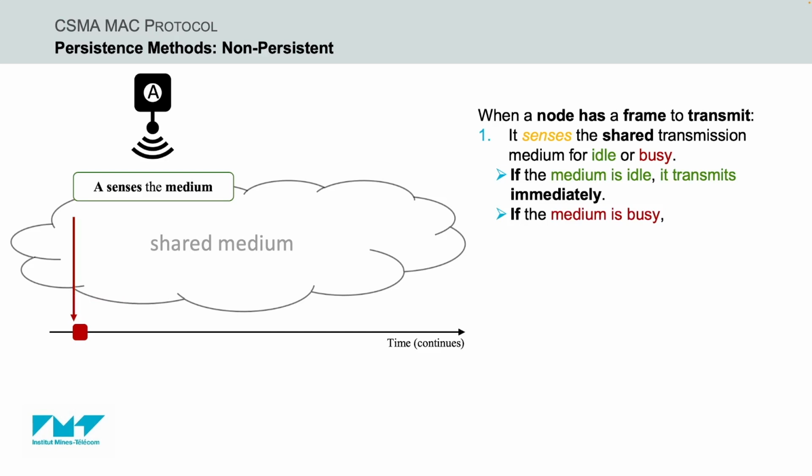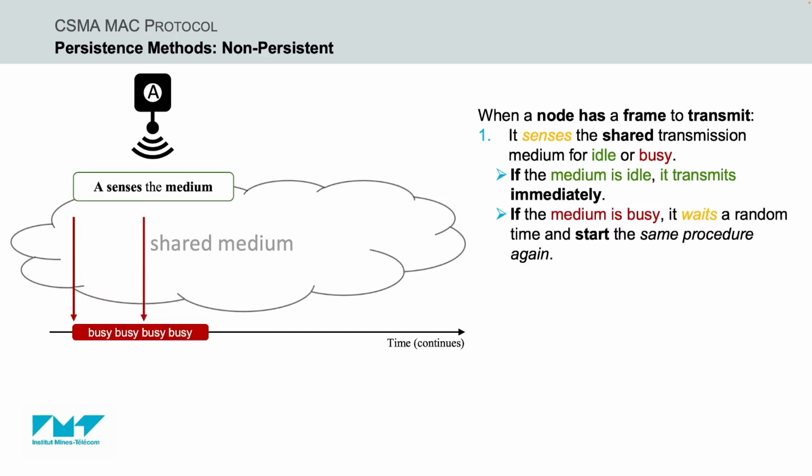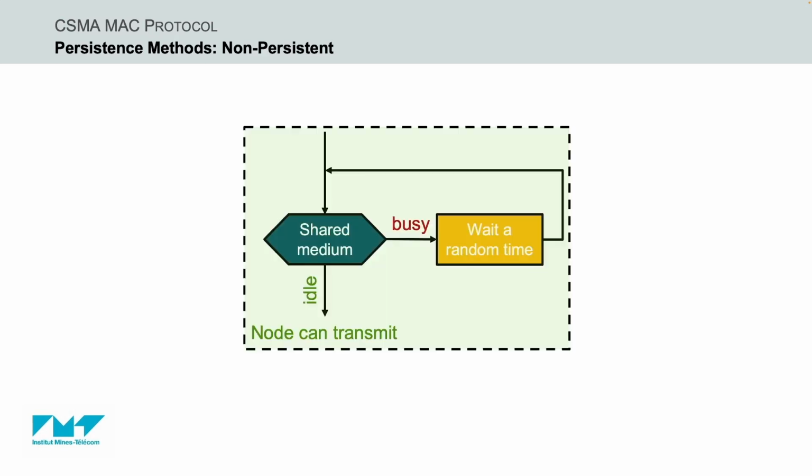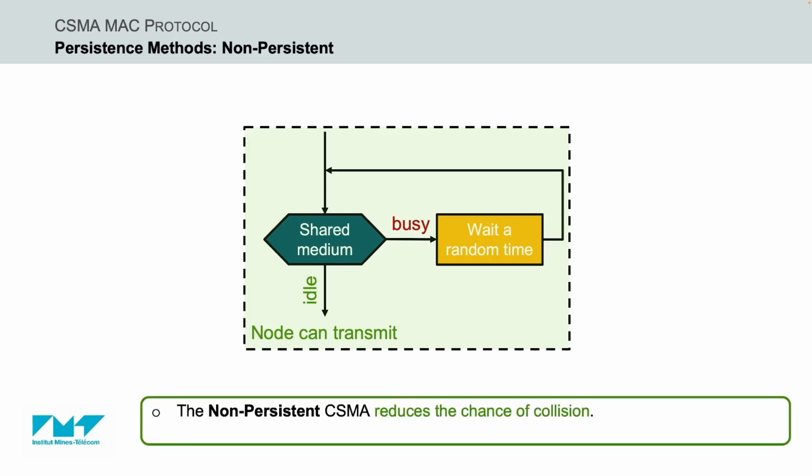However, if the shared channel is busy, it waits a random amount of time and repeats the whole logic cycle again. To summarize, here is the flow diagram for the non-persistent CSMA method. The transmitting node senses the shared transmission medium. If it is idle, it transmits the frame. Else, it waits a random time and starts the same procedure again.